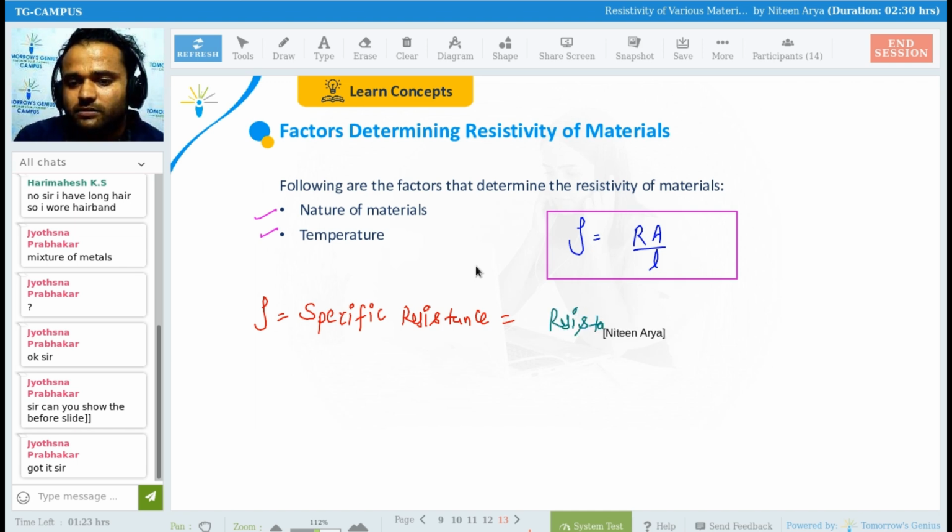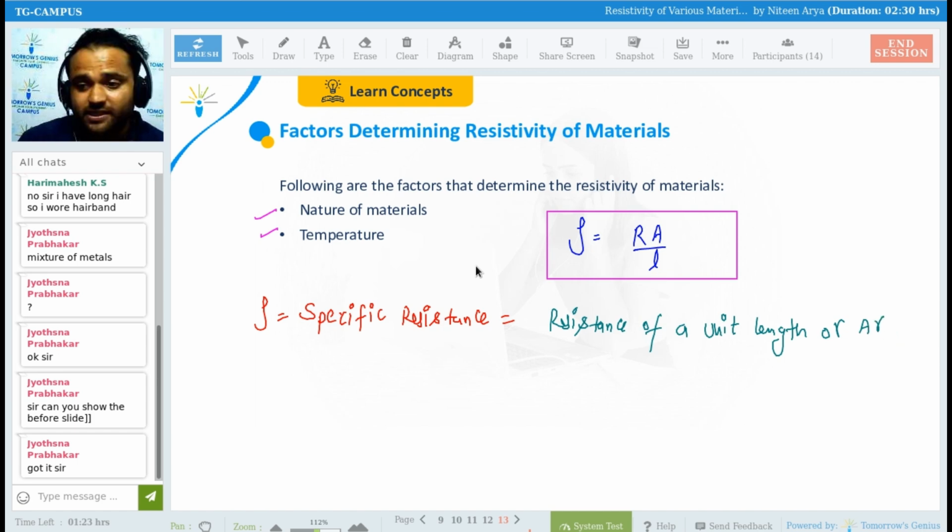Resistance of a unit length or area. So when I'm saying this, suppose this is a material, any particular thing.